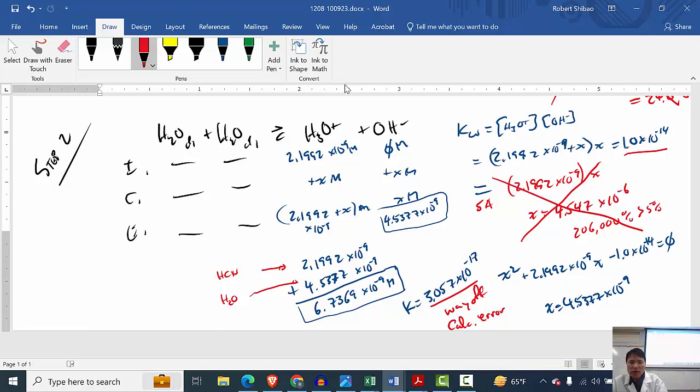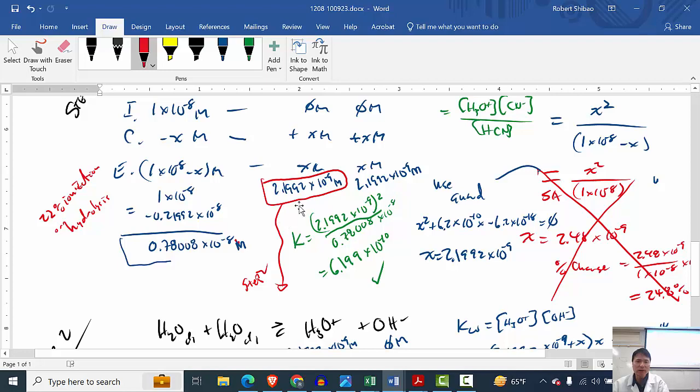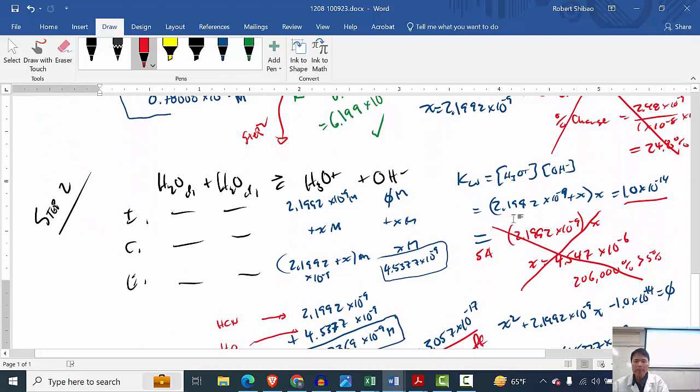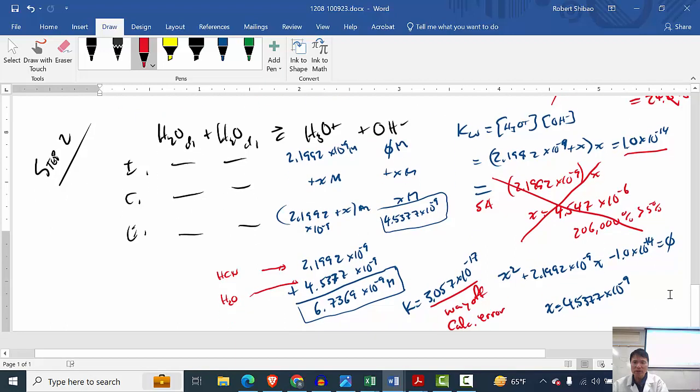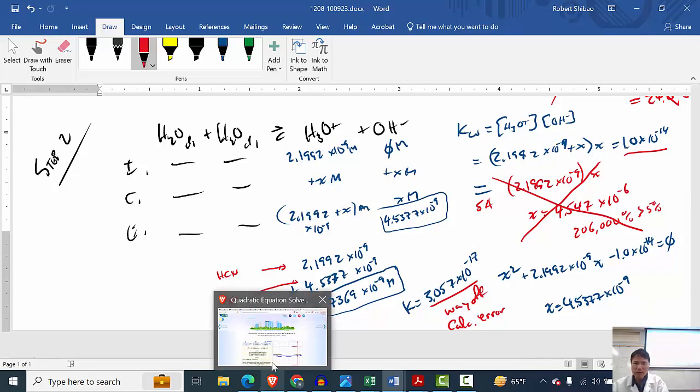So I have 2.1992 times 10 to the minus 9. It came from the previous step here. Plus x times x. So I get x squared plus 2.1992 times 10 to the minus 9x. And then subtract this term, minus 1 times 10 to the minus 14. It should equal 0. And then I plug that into the quadratic.